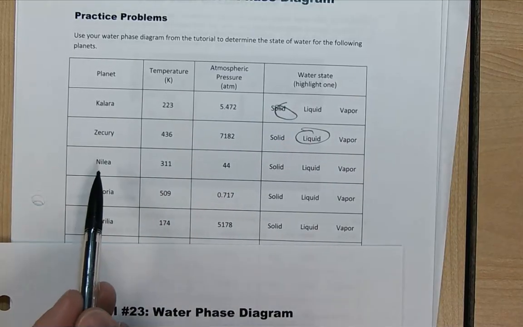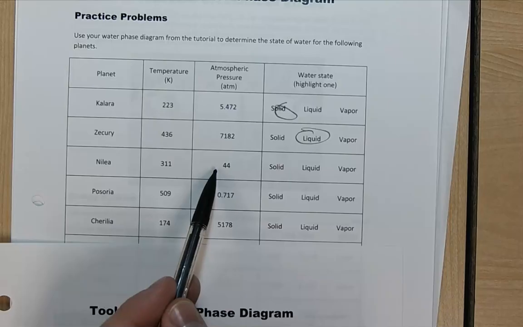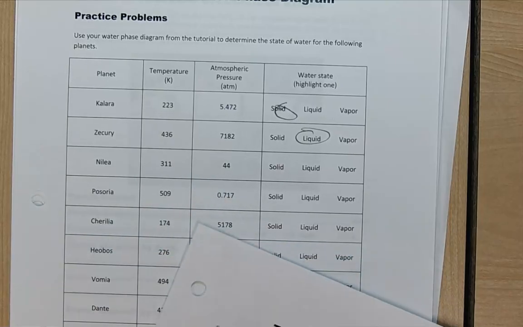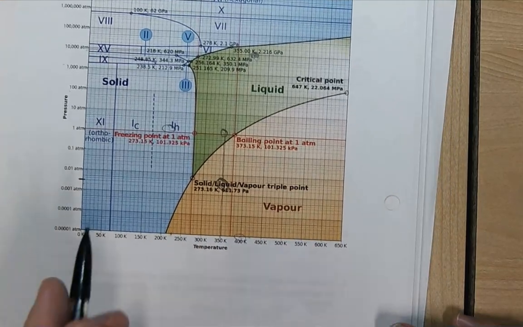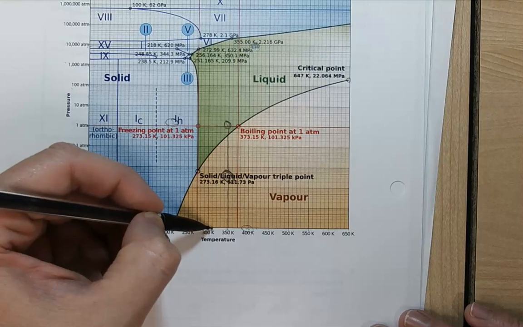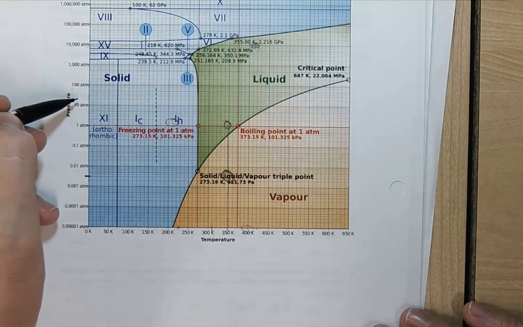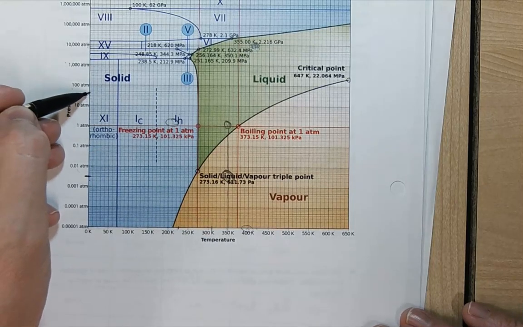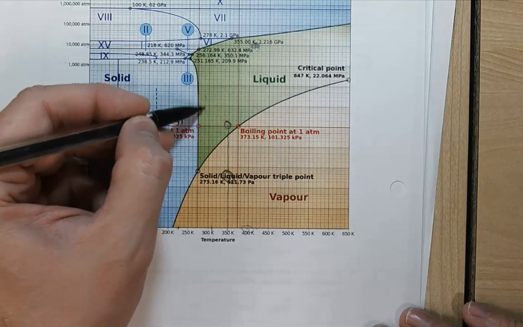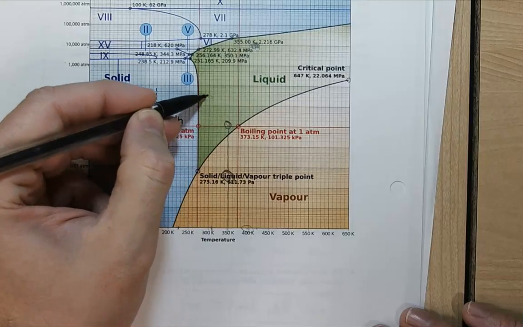All right. How about this one? 310 Kelvin, 44 atmospheres. So here's 10, 20, 30, 40, 44. So we're looking at right here.